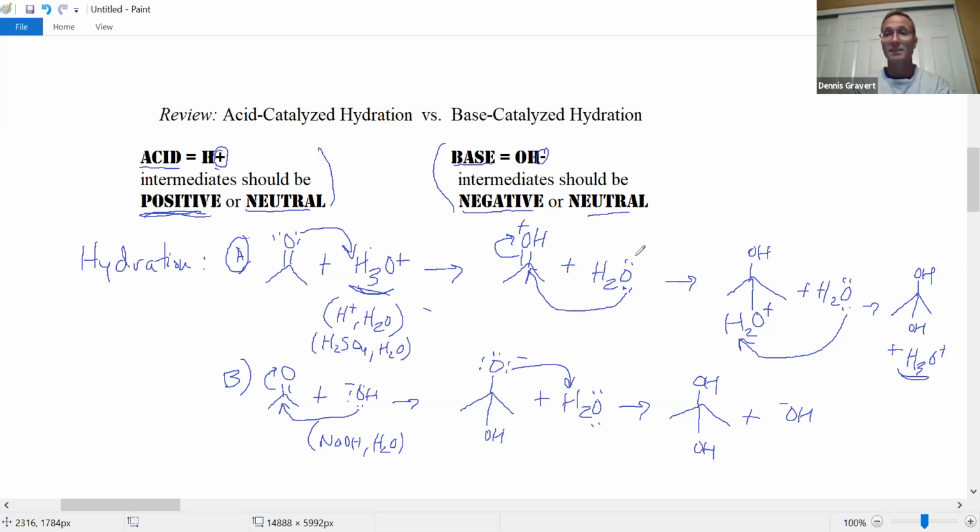So acid catalyzed hydration was longer than base catalyzed hydration. You start with hydronium, start with the acid, you protonate the lone pair. Then the nucleophile attacks. And then you use acid base steps to clean it up to get your final product. If you use an acid, everything should be positive or neutral. And this is where we're going to see some exceptions.